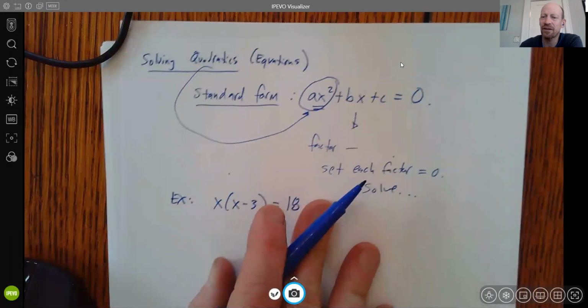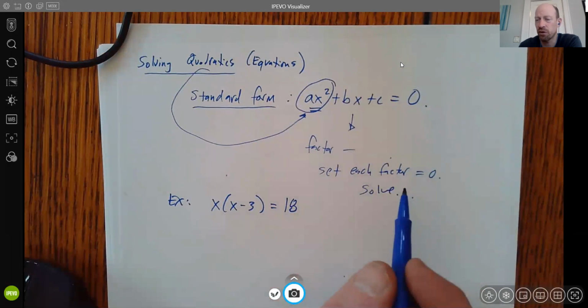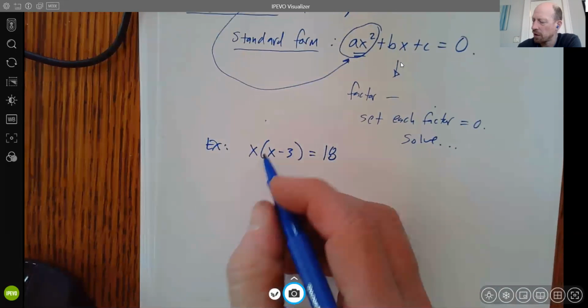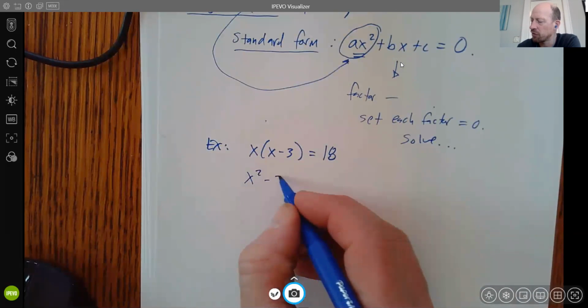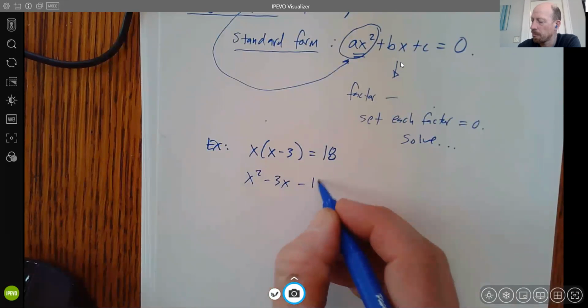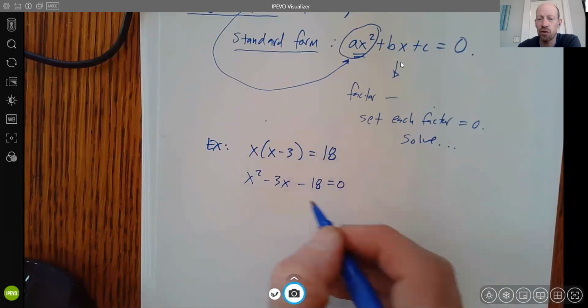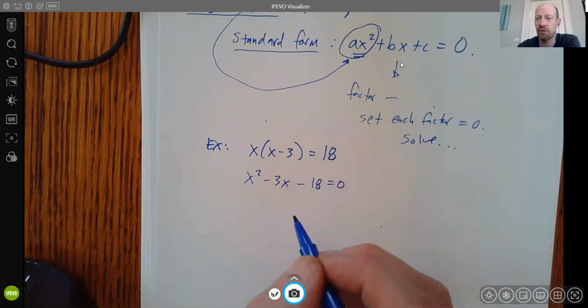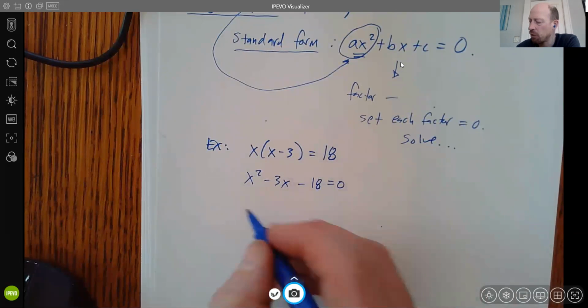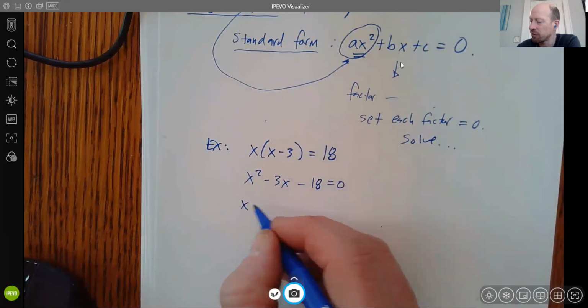I need it factored equal to 0 in order to use this technique where we split it up. So I do have to go ahead and rearrange this. Right, I distribute that and I bring the 18 over, and now it's in that standard form, and now I'm in a good spot to factor it.